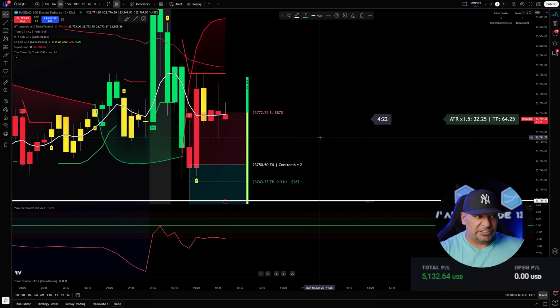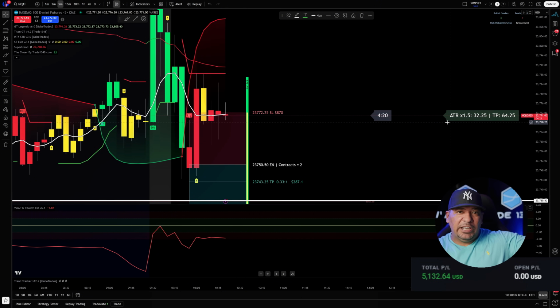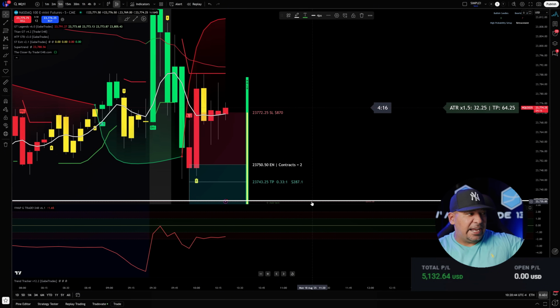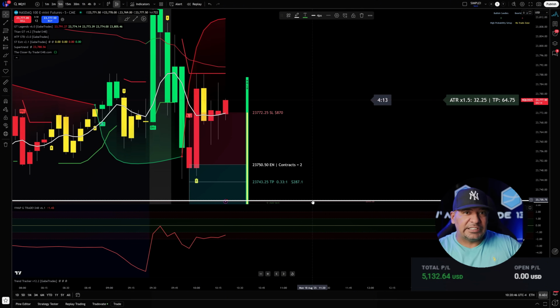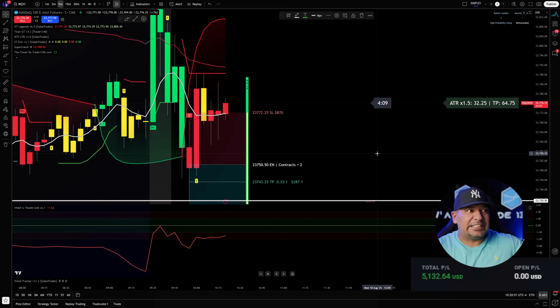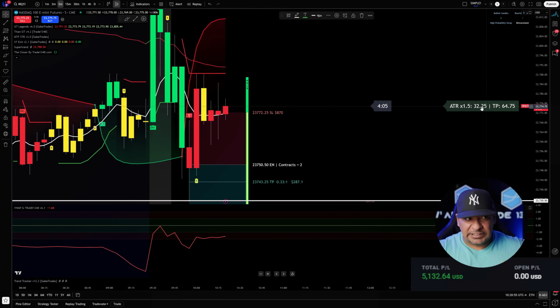And that, of course, gives you some room. Now, instead of having a hard stop, or basically a mechanically static stop, we have a dynamic stop based on volatility, and that's what this number represents.